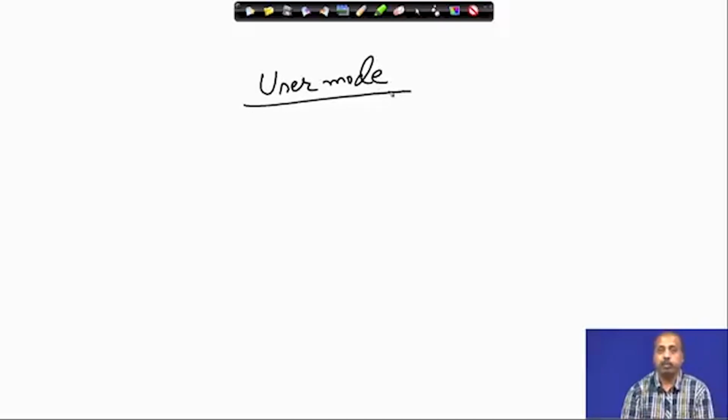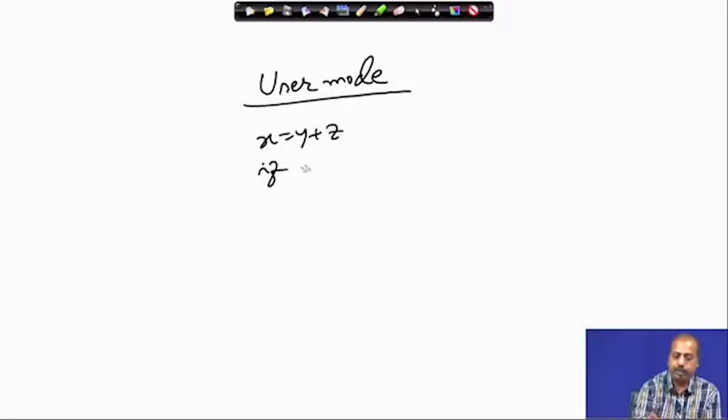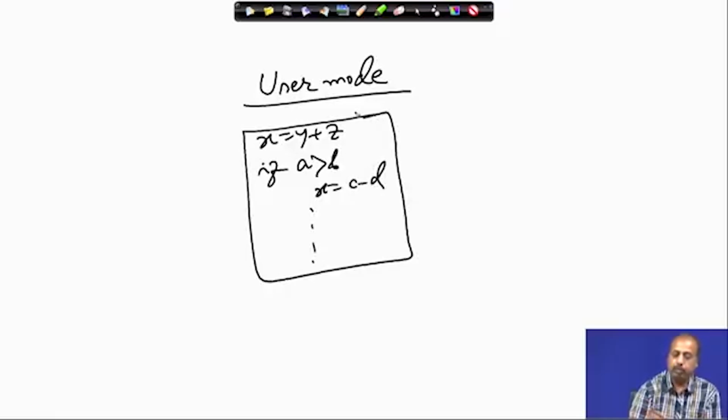In user mode, we have program statements like x equal to y plus z, or if a is greater than b, then x equal to c minus d. Like that we are writing programs. As long as it involves only memory access and some arithmetic logic operations, the program will be executing in the user mode.